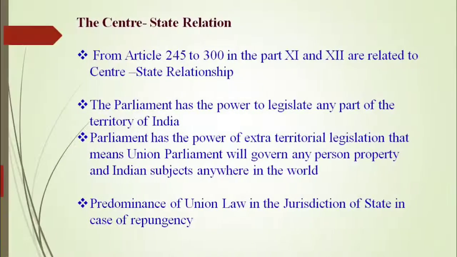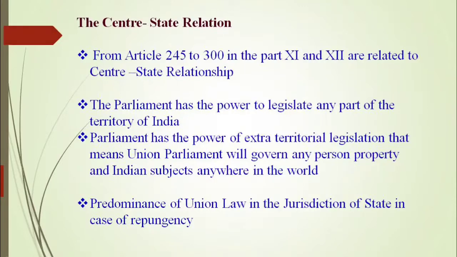The center-state relation. Article 245 to 300 in Part 11 and 12 are related to center-state relationship. The Parliament has the power to legislate for any part of the territory of India.